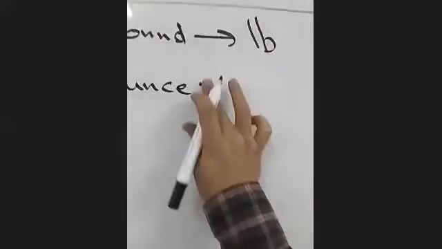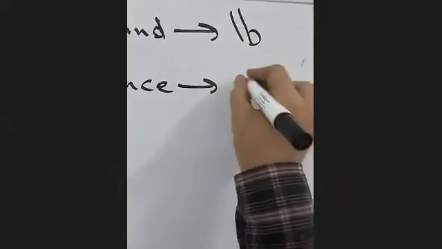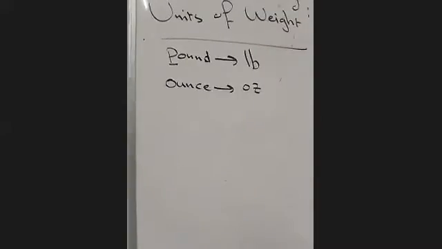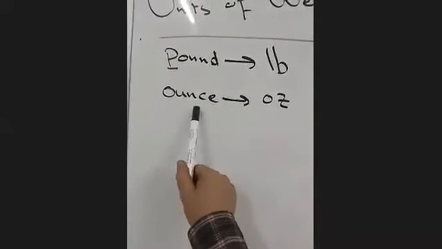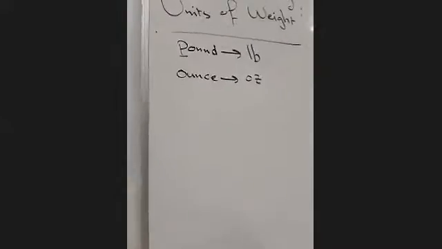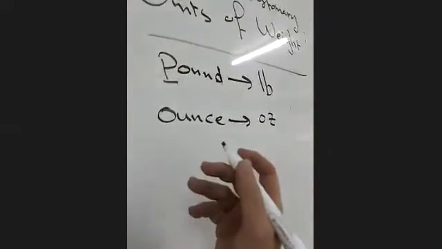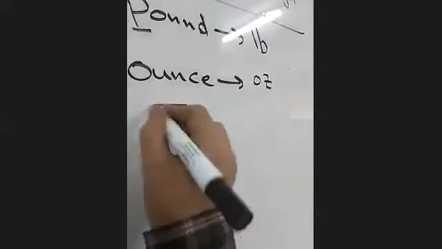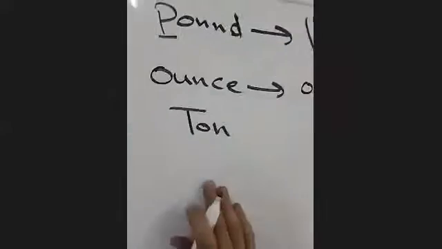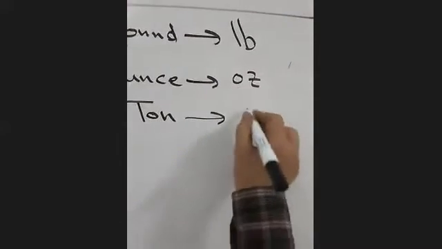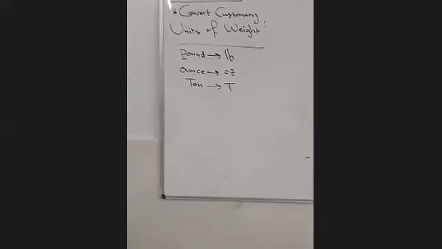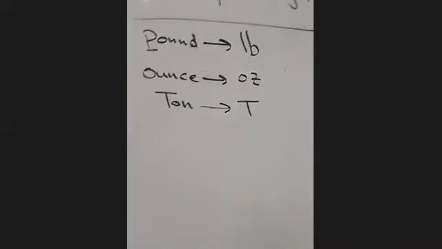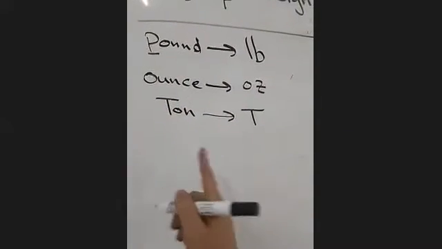The shortcut of it is oz. So lb is pound, oz is ounce. The third customary unit of weight is ton. The shortcut of it is capital T. So we have pound, lb, ounce, oz, ton, T.